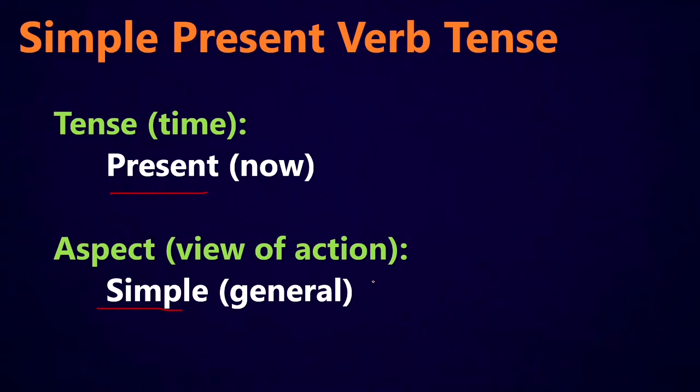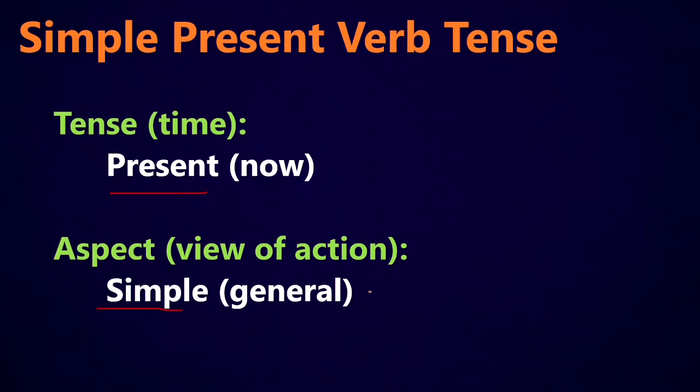Basically, the simple present verb tense is a general verb tense. In fact, it's the most commonly used verb tense in English. Actually, there was a study done at a university in Florida where they looked at essays that some students wrote, and they looked at all the verbs in those essays that were not talking about the past.